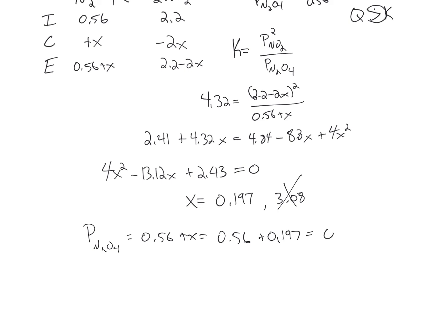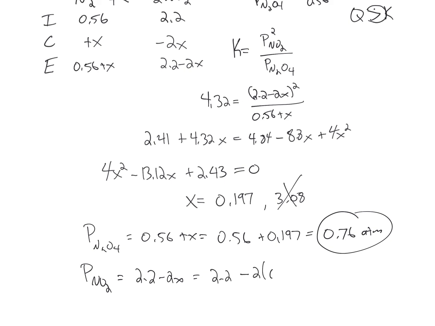And so that gives us a pressure of 0.76 atmospheres for the N2O4. And then for the NO2 at equilibrium, it's going to be 2.2 minus 2x. So that's going to be 2.2 minus 2 times 0.197. And so that gives us 1.8 atmospheres for the NO2. And so those are our equilibrium concentrations, or equilibrium partial pressures in this case.